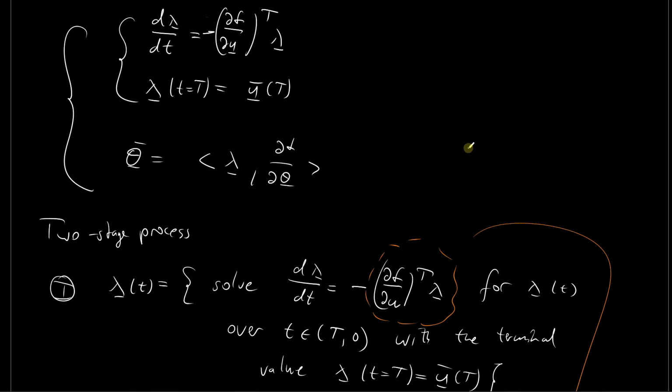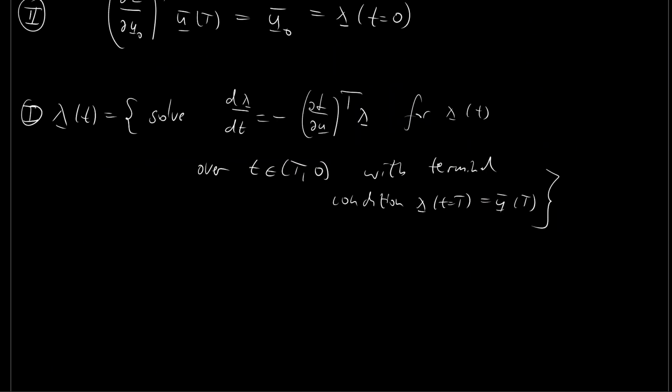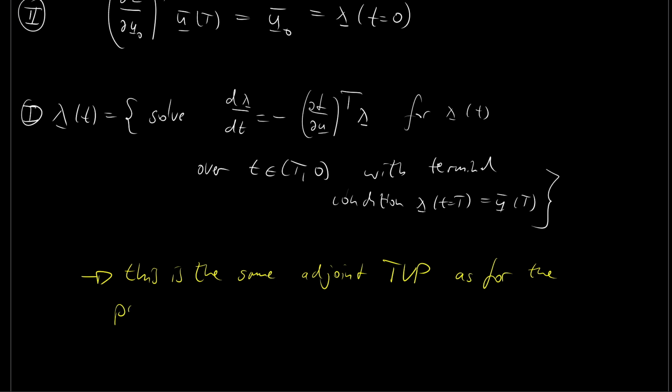So let me note down these observations for the adjoint problem. This is the same adjoint terminal value problem as for the parameter cotangent. And side note, this is to be expected because whenever we have vector-Jacobian products, our workload kind of scales in the number of outputs. So here our original function q only has one output, but it has 3 inputs.